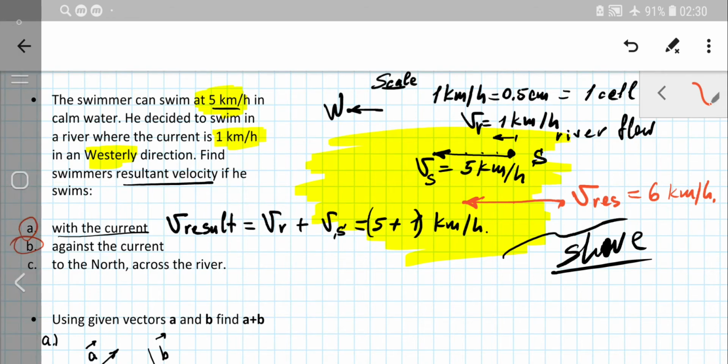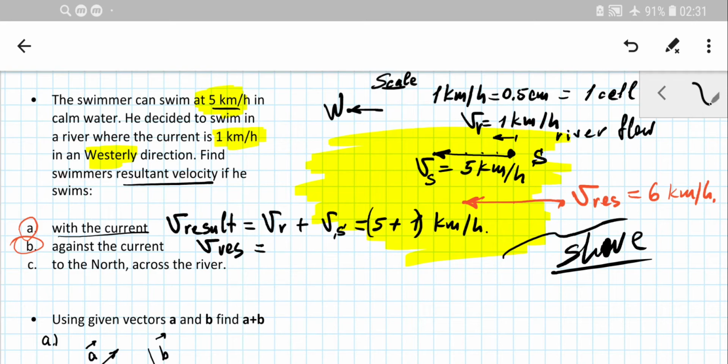If he swims against the current, obviously you understand that in this case, what are you gonna do? So how to do it: basically you need to use the resultant vector and you need to swap direction for the swimmer on the way back.